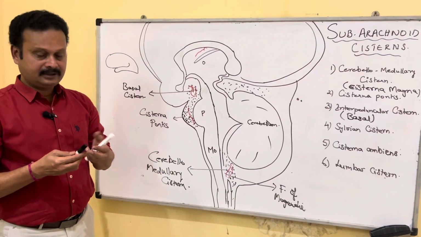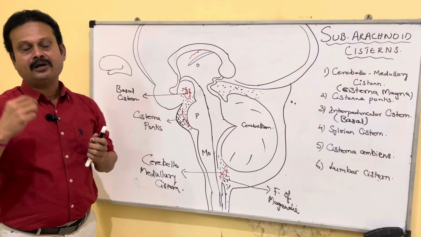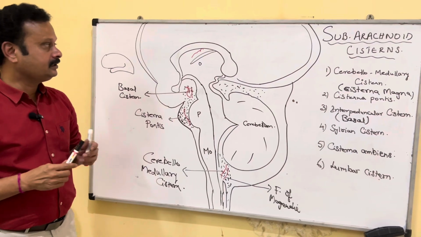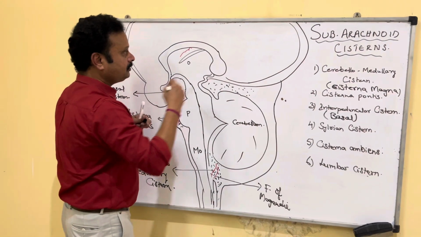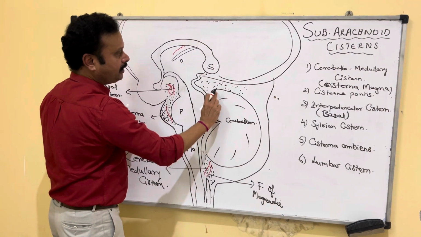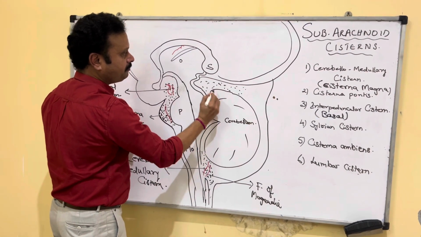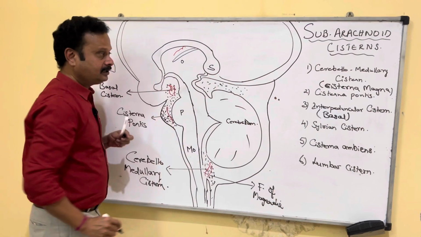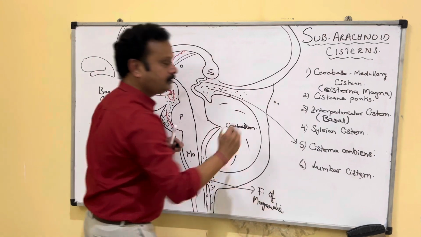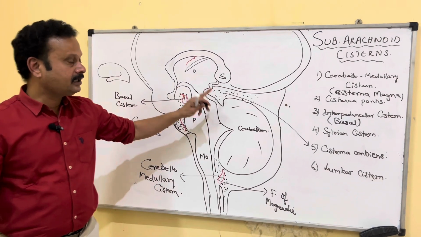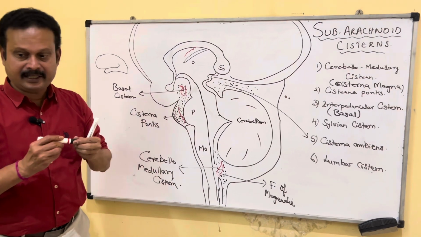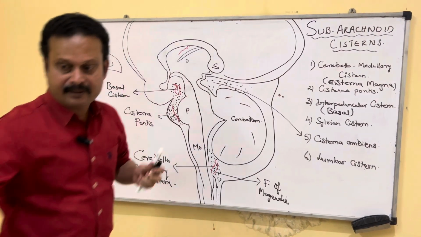which is present below the splenium of the corpus callosum and the superior surface of the cerebellum here. This is that cistern, cisterna ambiens or cistern of the great cerebral vein of Galen, and it contains a vein.